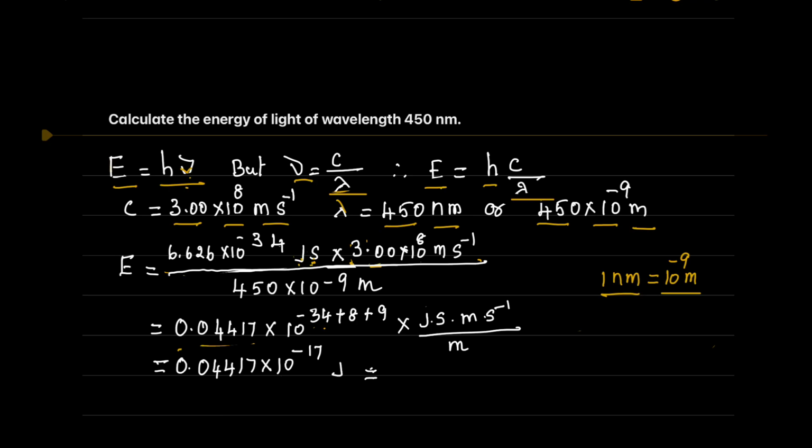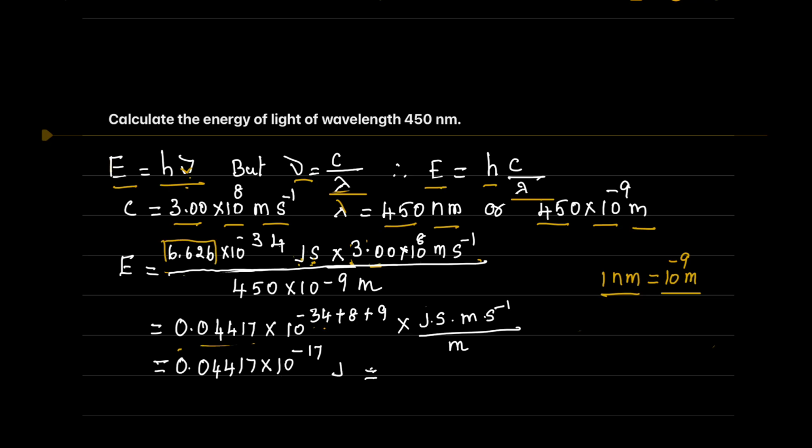Let us substitute in the equation. Then we arrive at 6.626 into 10 raised to the power of minus 34 joules second into the velocity of light divided by lambda. To solve this equation, let us divide it into the numerical part and the exponential part as usual.